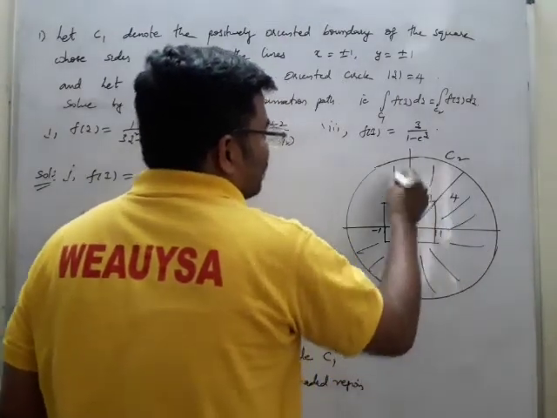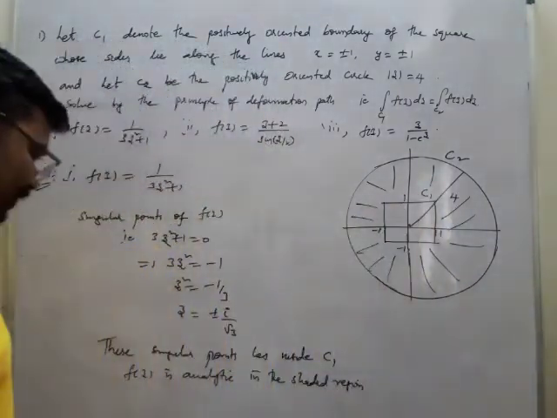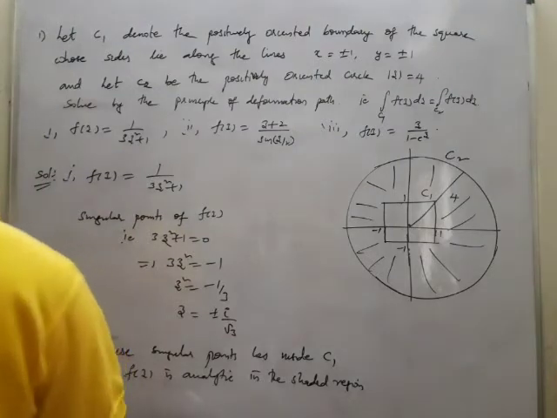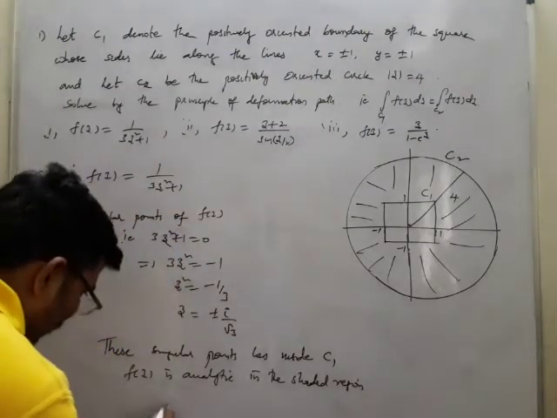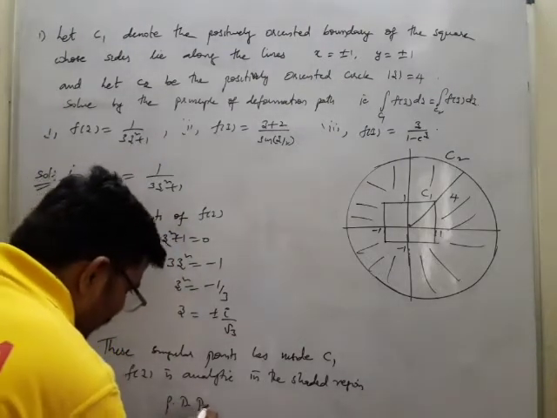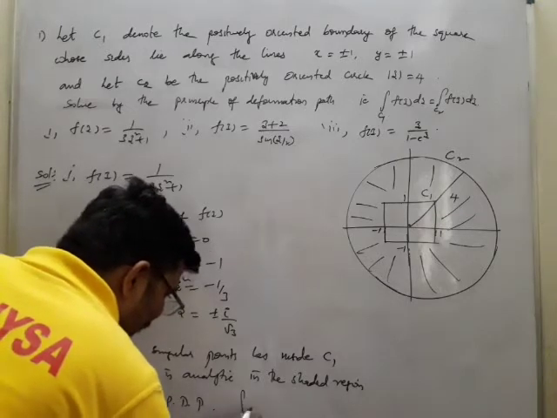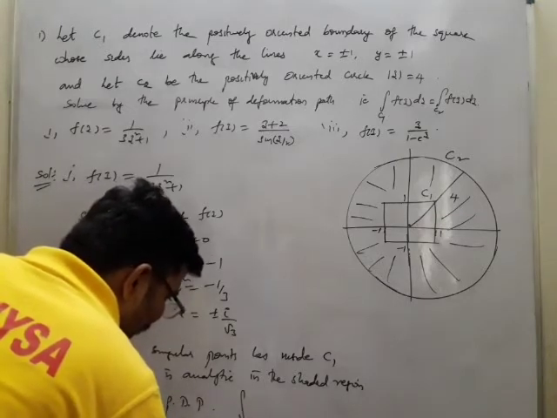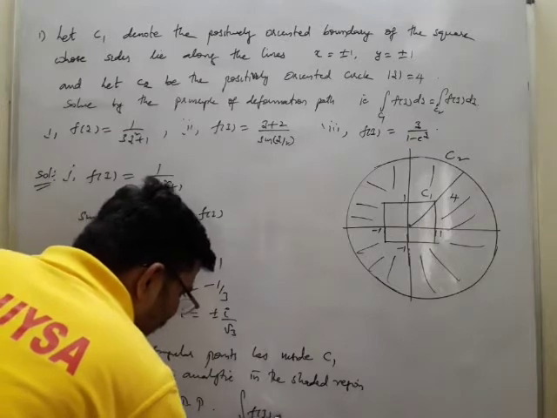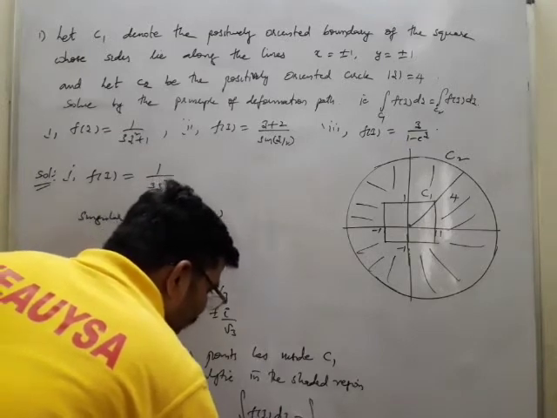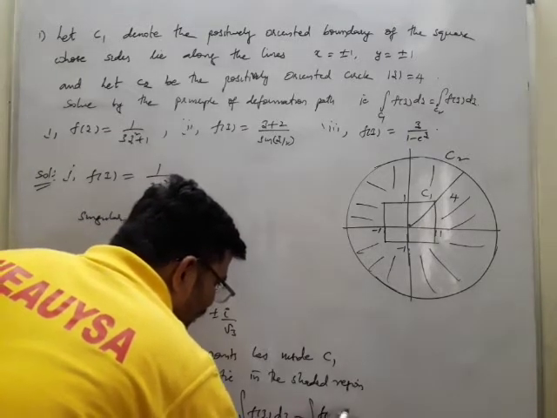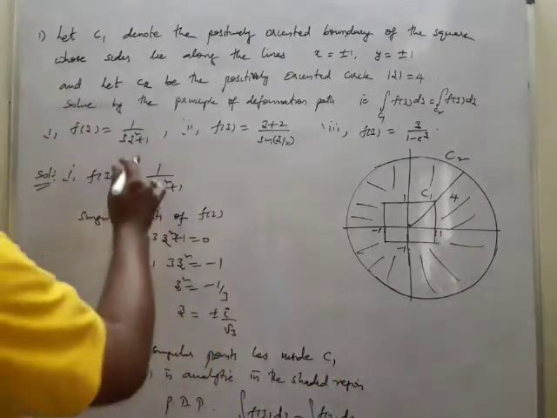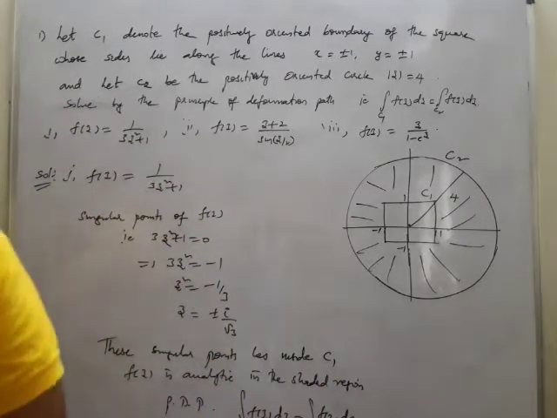Therefore, by the principle of deformation path, we can write that integral over C1 of f(z) dz is equal to integral over C2 of f(z) dz. This is the first problem which we have completed.